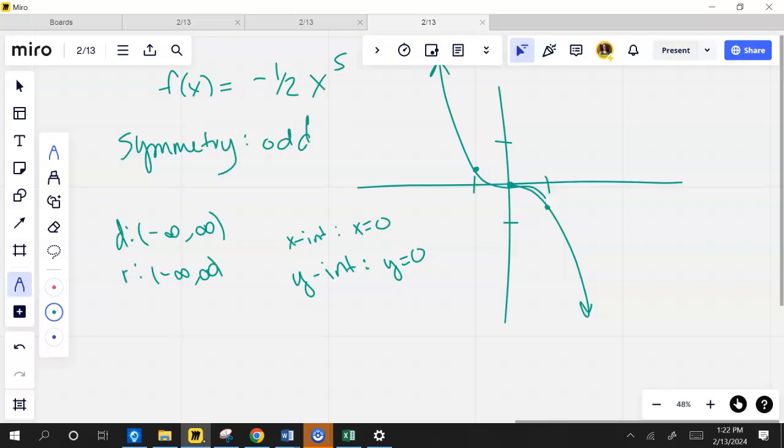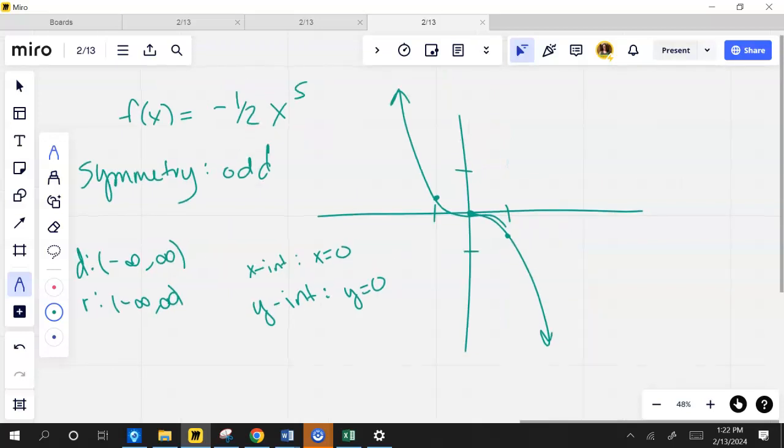To find the x-intercept, you put a 0 for y. If I couldn't see it and didn't know what it was, if I needed to find algebraically the x-intercept, I'd plug in a 0 for y and solve it. And then the y-intercept, a 0 for x. And solve it.